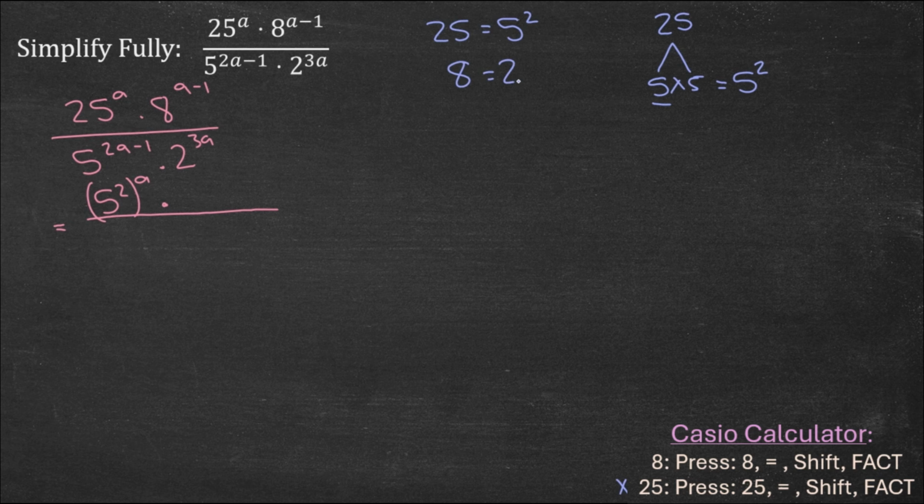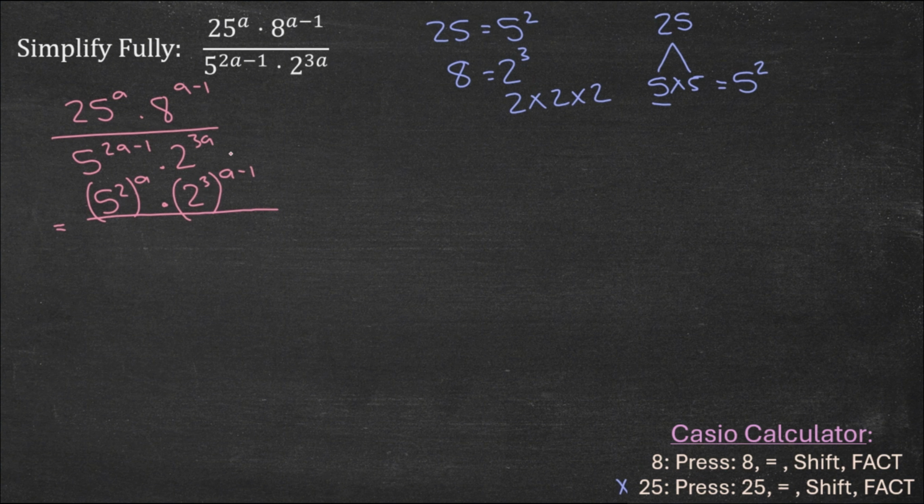I can write it as 2 cubed. And if you didn't know it, 2 times 2 times 2 is 8. 2 times 2 is 4, 4 times 2 is 8. Okay, so I can rewrite 8 as 2 cubed, and then again the brackets to show that the exponent a minus 1 has to be applied to this whole bracket, which is 2 cubed.